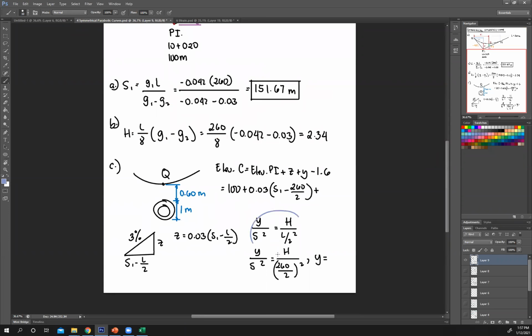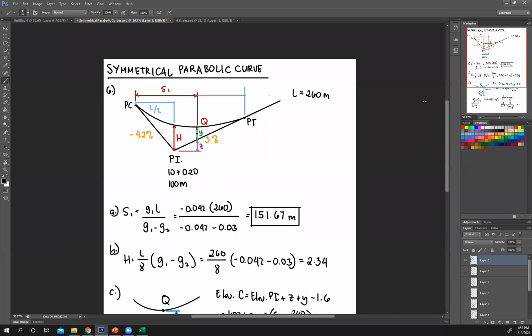So, whenever I use this equation, the horizontal lengths are the shortest lengths from either PC or PT. Okay? Or I forgot to mention that. So, it's not S1. Your Y is over here, and it's closer to PT. So what we're actually using is S2. Okay?